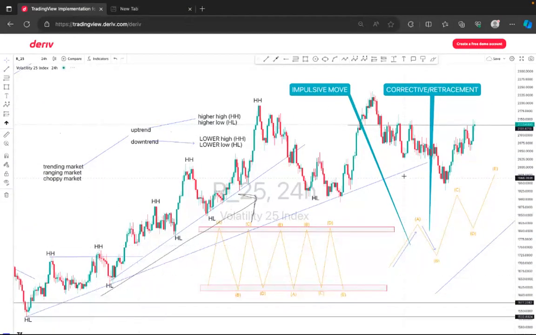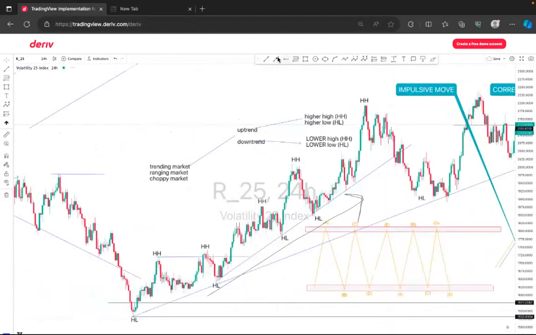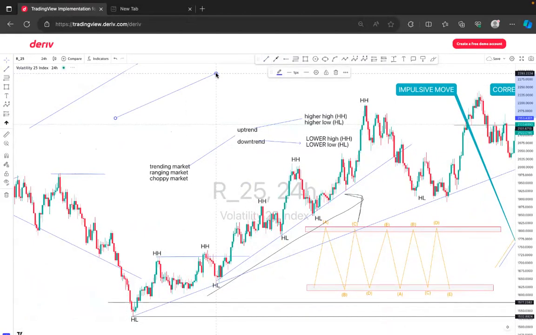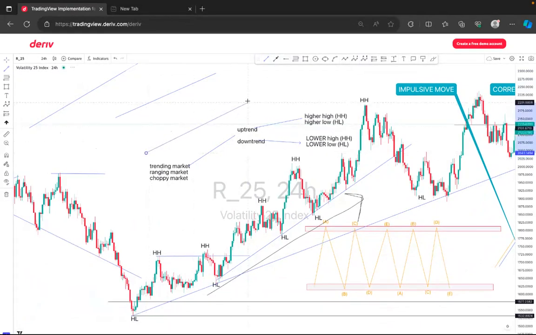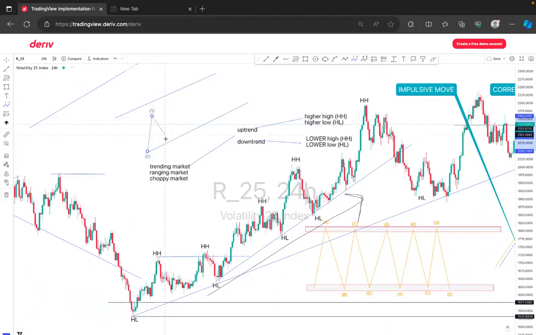So what is the difference between a trend line and a channel? You understand? Even after you draw the trend line and it picks like two or three touches, the price was coming down like this.